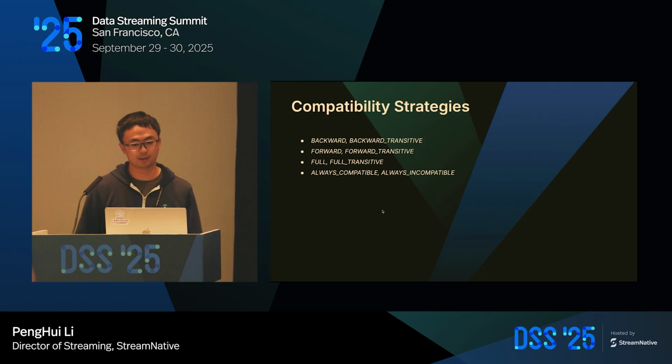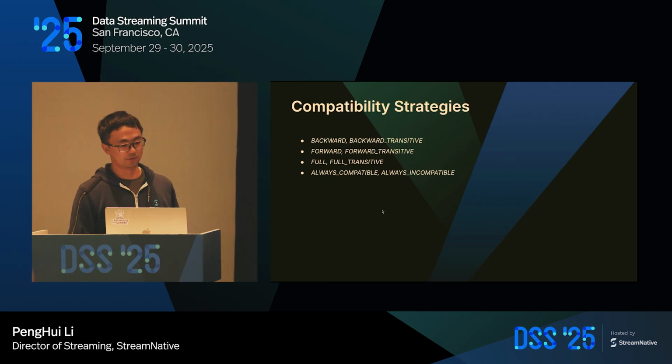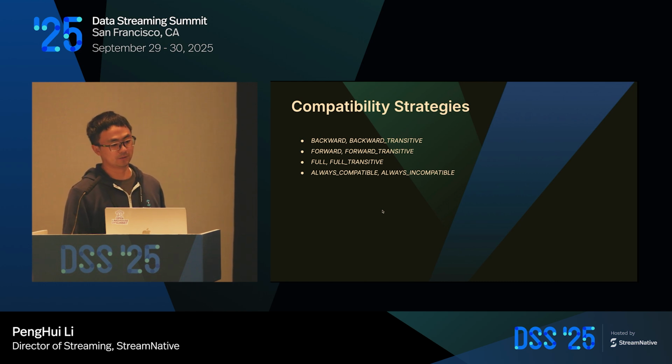The built-in schema also supports different compatibility strategies. It's very similar to Confluent Schema Registry. There's backward and backward transitive. Backward transitive means any new schema is suitable to read the old schemas.